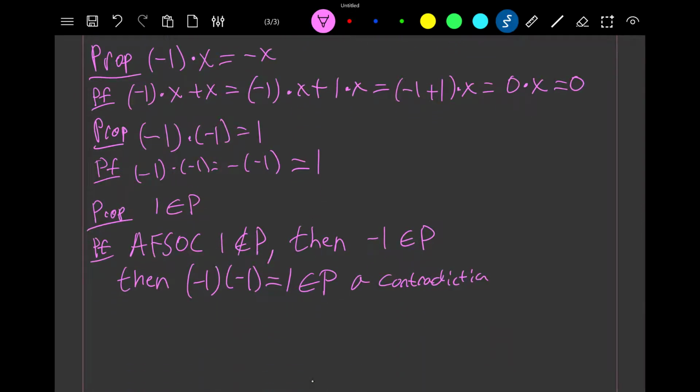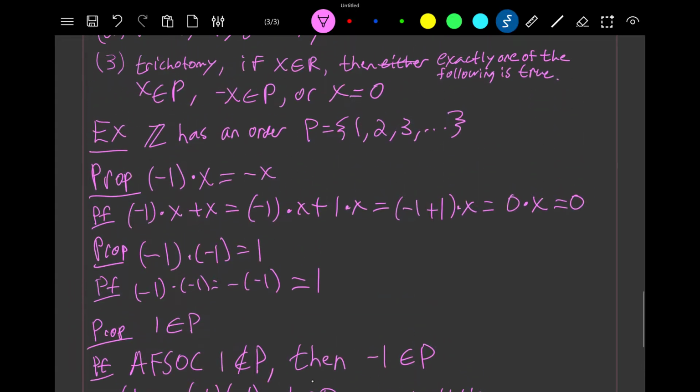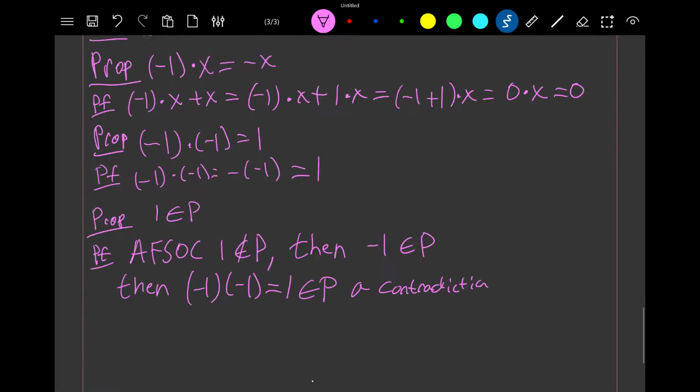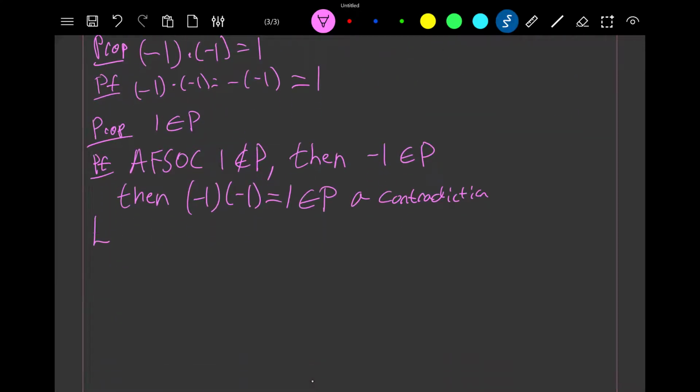So we have that the integers is an ordered ring. But there are rings that are ordered which are not the integers. For example, probably the simplest example, is if you look at the rational numbers, which is quotients of integers.